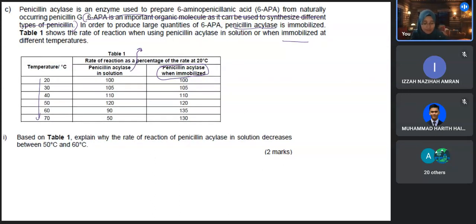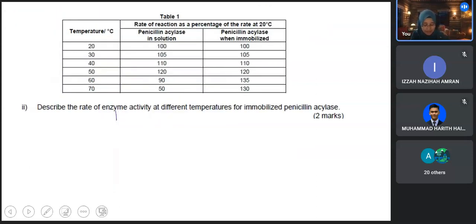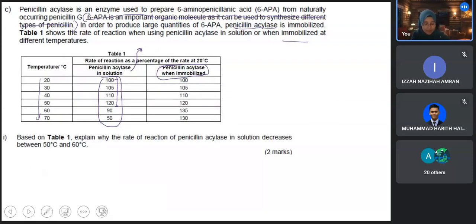So for the enzyme that is not bound, as you can see, as you increase the temperature, you observe that the rate of reaction mula dia increase kat sini, tapi decrease as the temperature exceed 50, they start to decrease.